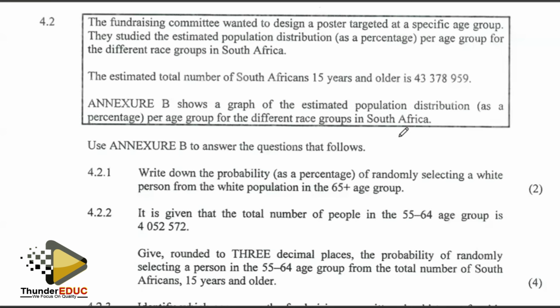All right, the fundraising committee wanted to design a poster targeted at a specific age group. They studied the estimated population distribution as a percentage per age group for the different race groups in South Africa. The estimated total number of South Africans 15 years and older is 43,378,959. This is it.